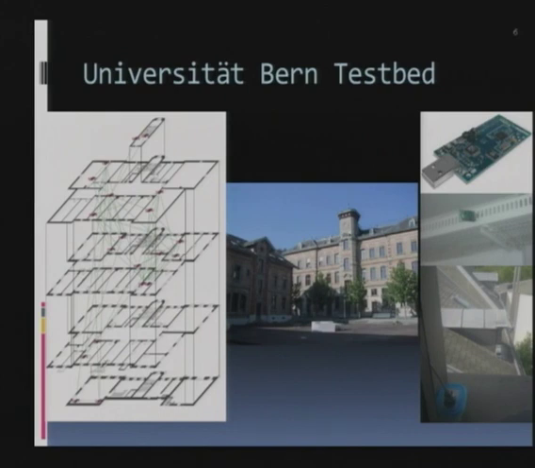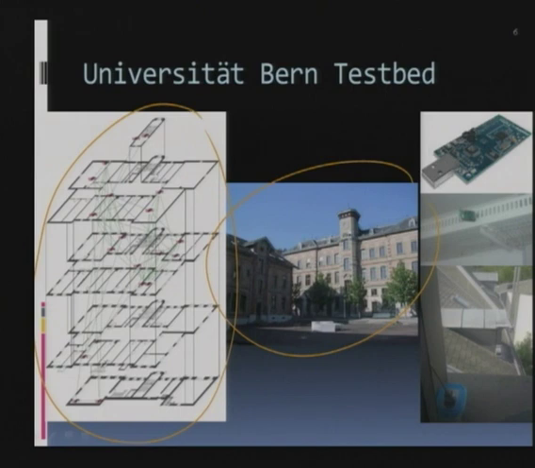So here you see one example of a testbed. Of course, I took the one from Bern. That's our building, and you see a similar structure here, a user interface where you see all the different sensors distributed over several floors.